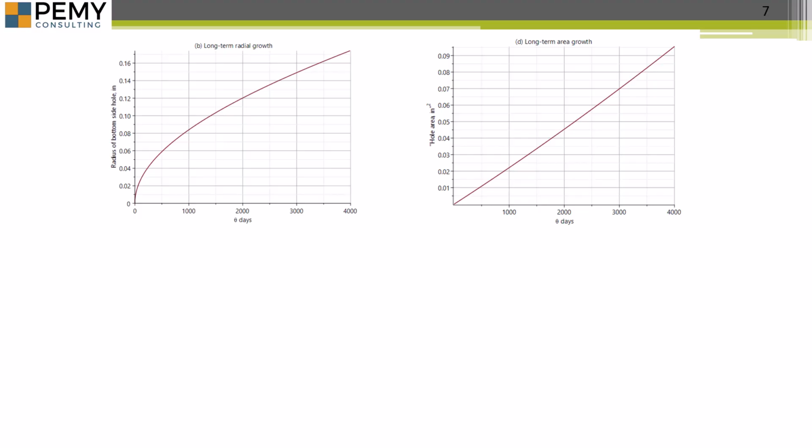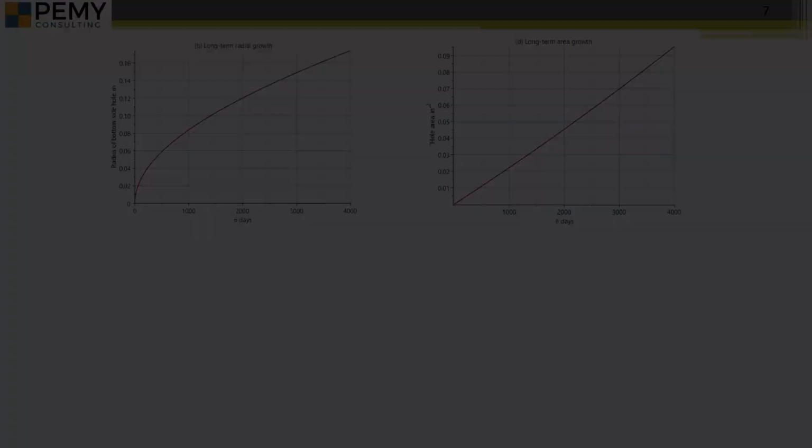These plots are based on a 5 mils per year corrosion rate, a 1/4 inch bottom, and time in days. The plots are based on 4,000 days, or a little more than 10 years. At 10 years, the hole has a radius of about 0.16 inch. Note that the area growth is nearly linear over this time range.